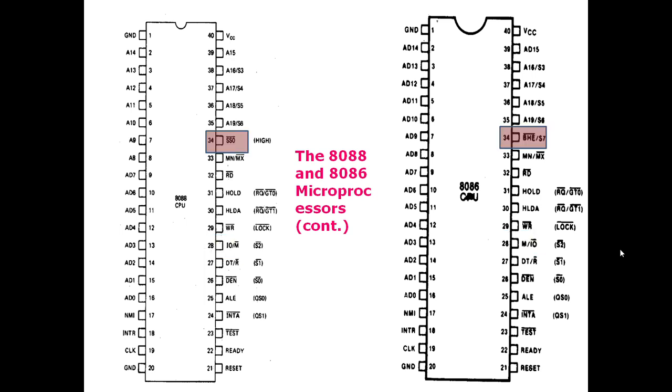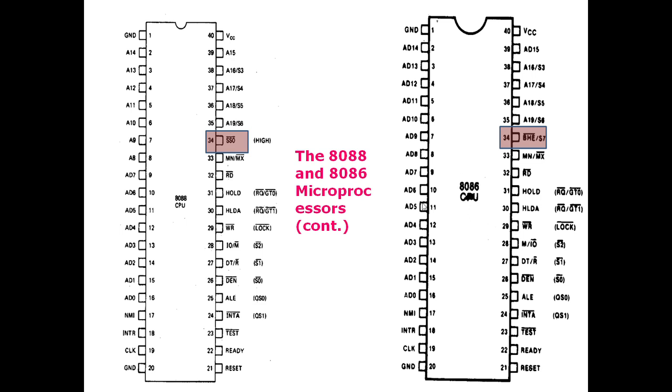And a third difference is that pin 34 is status signal SS0, while pin 34 in the 8086 is bus high enable, or it is multiplexed with status S7. The bus high enable function is needed in the 8086 microprocessor because sometimes 8 bits of data are retrieved or written, while sometimes 16-bit data is accessed.